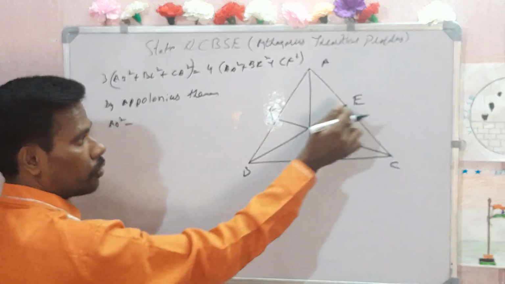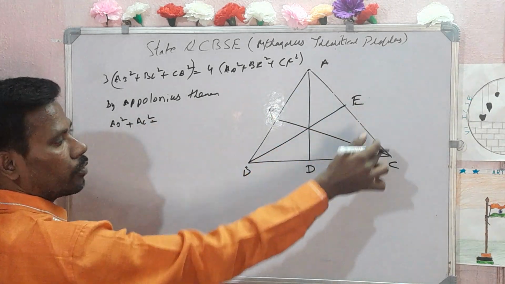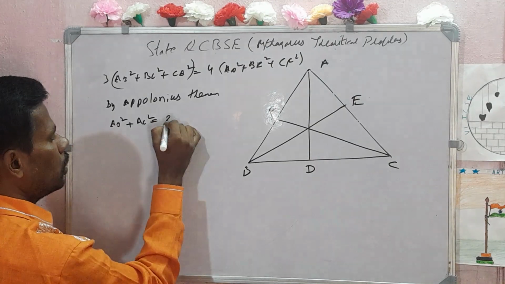Sum of squares of two sides of a triangle is equal to what?